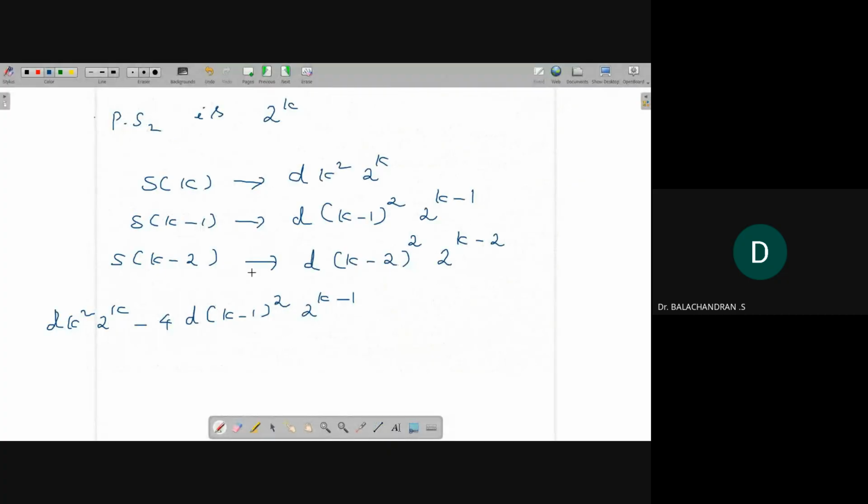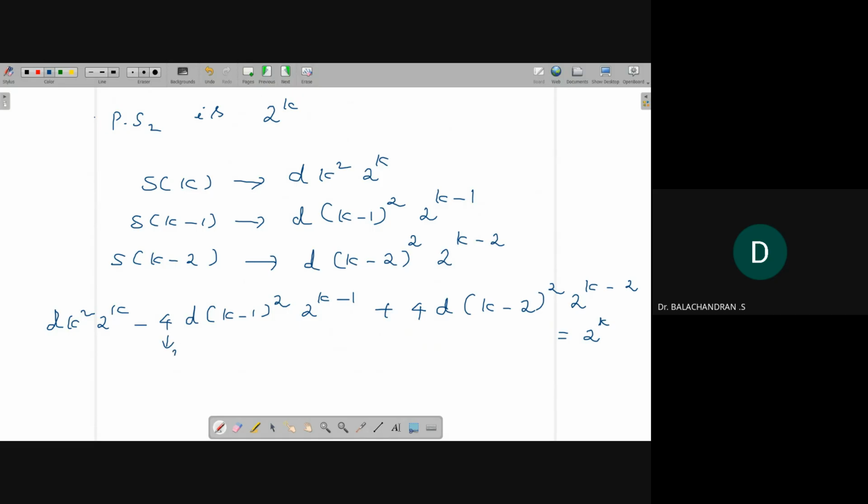And then plus 4 times S of k minus 2, d into k minus 2 whole square into 2 power k minus 2. So this is equal to PS2 only. What is PS2? 2 power k. So now this is 2 square. Okay, right.